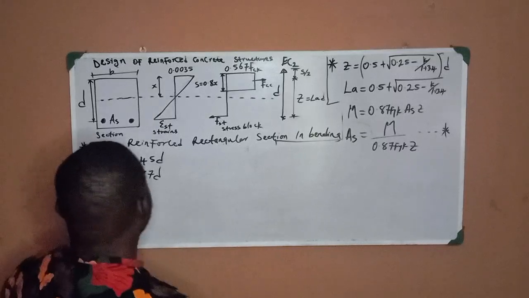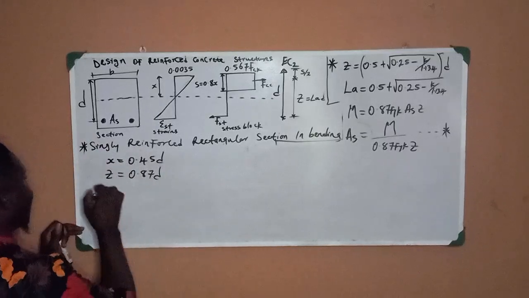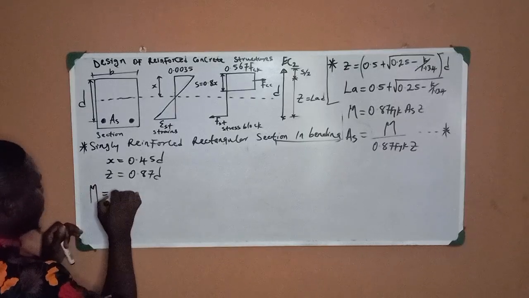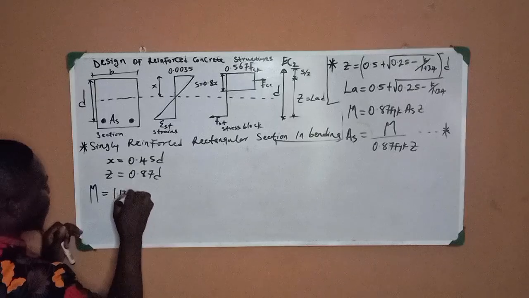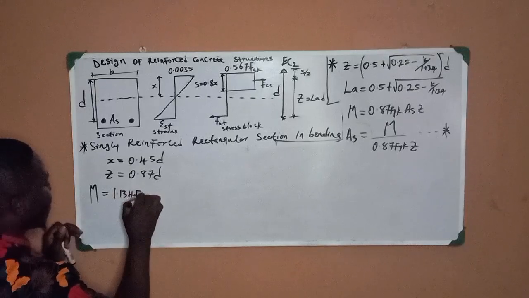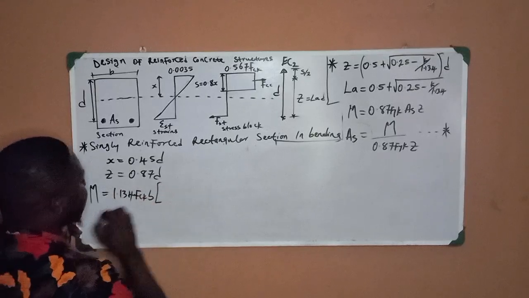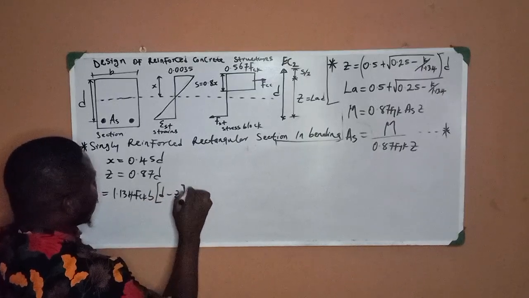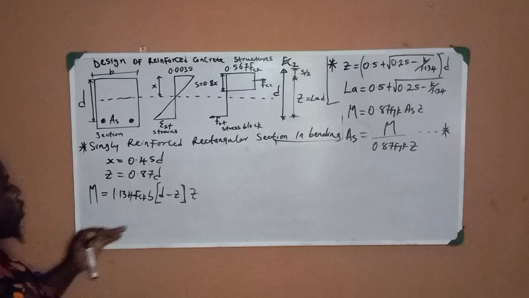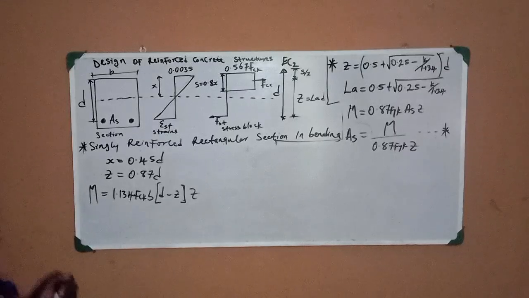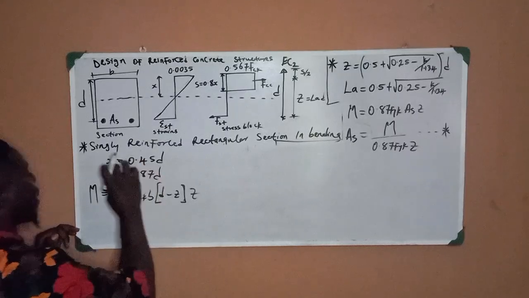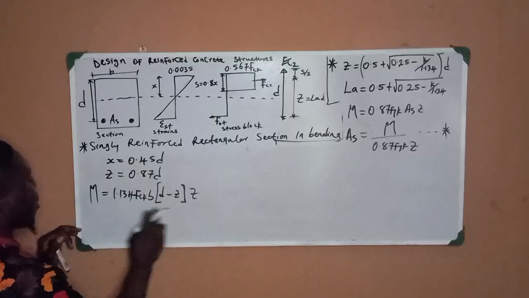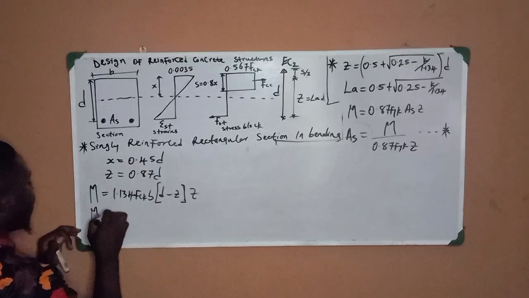So from that equation 3 which we got that time, 1.134 fck b into (d minus z) and z. From this equation, if you now put the limiting value, that's the minimum value of z, inside this equation and compute, you now get the moment.